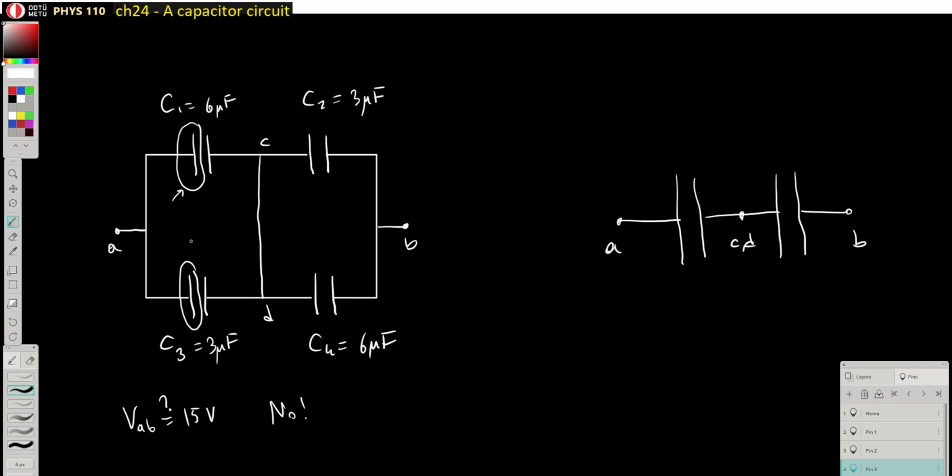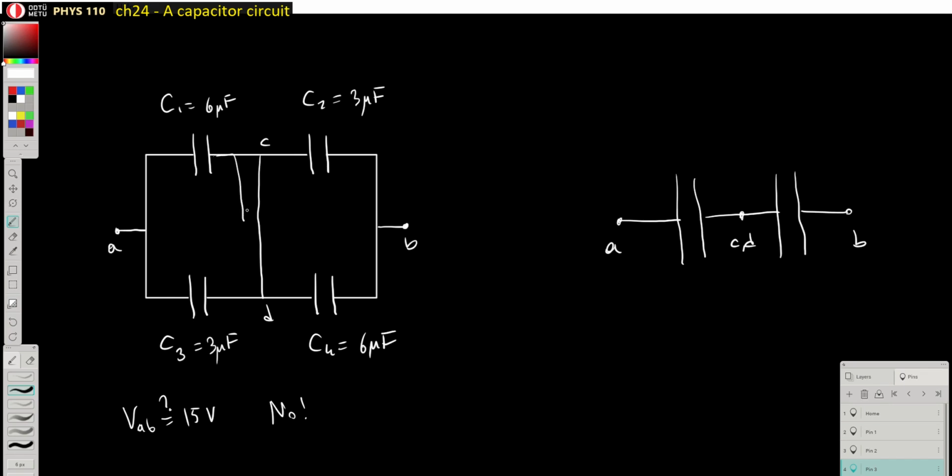So we are going to use this, but again, here too we have to do this analysis of series and parallel connected capacitors. So let's do it. C and D are connected basically. You can think of them as single points. So redraw if necessary this circuit.